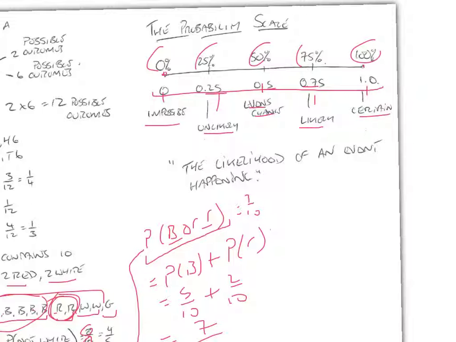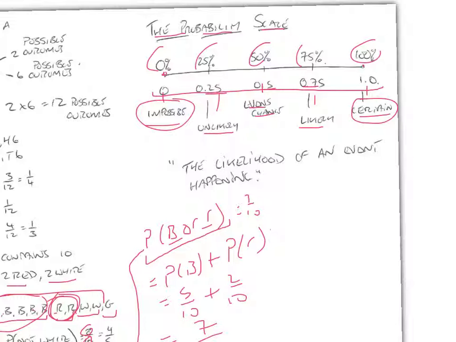So the likelihood of an event happening can be considered using the probability scale. The likelihood that Saturday will follow Friday is certain. The probability that Sunday will follow Friday is impossible.